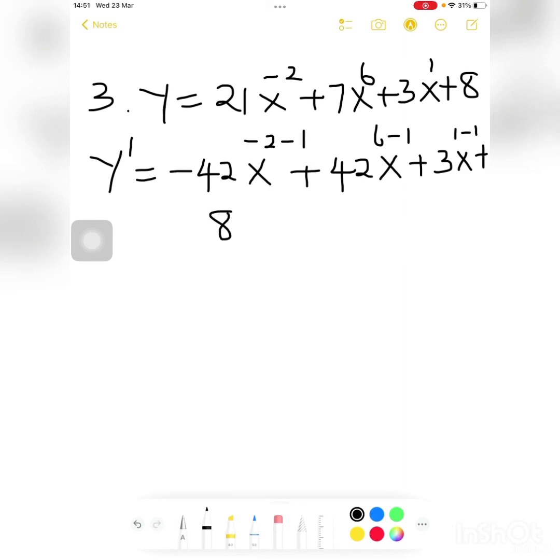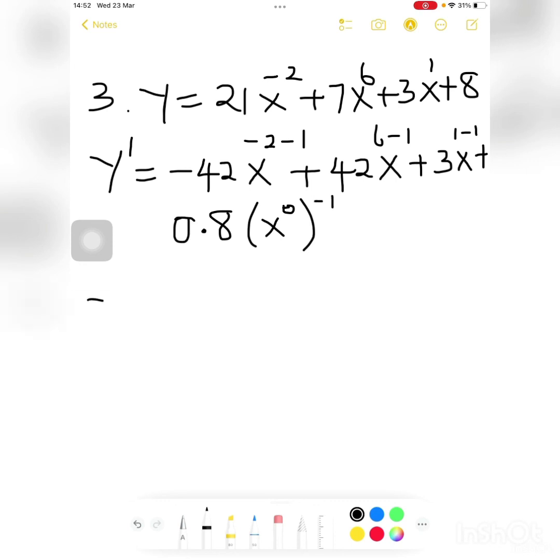If we have 8 like that, it is the same as 8 multiplied by x^0, because anything raised to power 0 is equal to 1. So if we bring the 0 down, it multiplies by 0, and then we subtract 1.